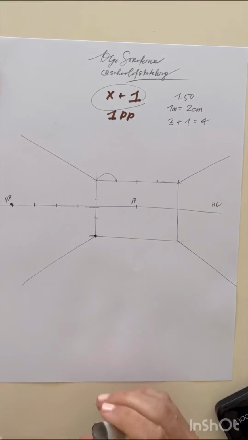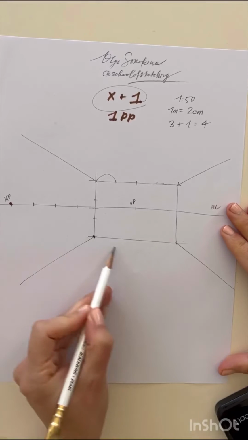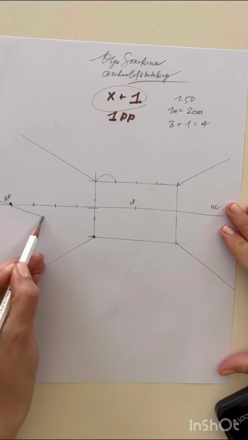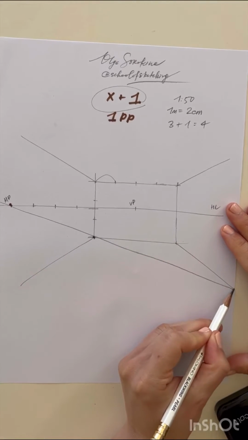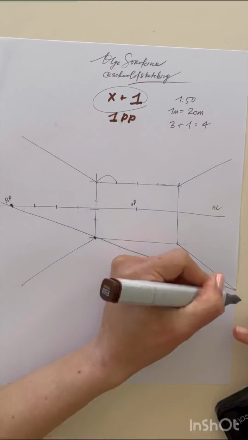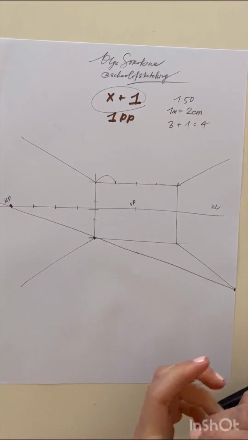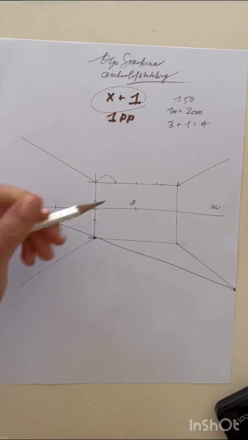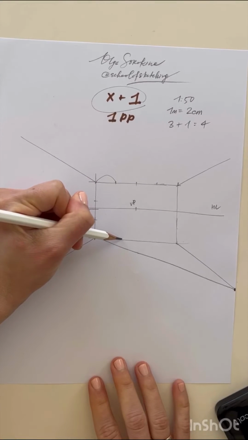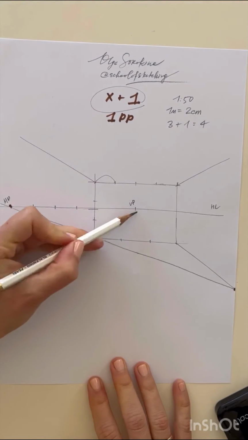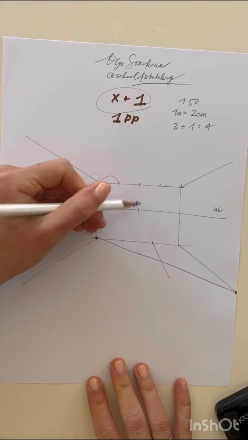I mark the bottom left corner of the back wall. I need all your attention now. And we draw a nice long line until it hits the line of convergence. After that, we want to divide the width of the back wall into 3 equal parts. Remember, because the depth of the room is 3 meters.